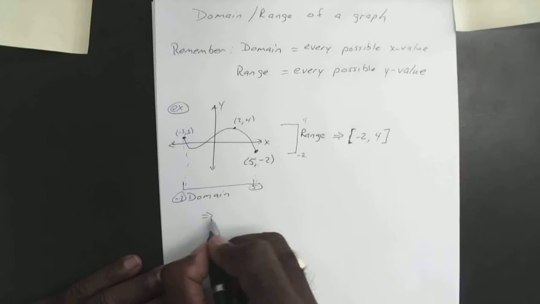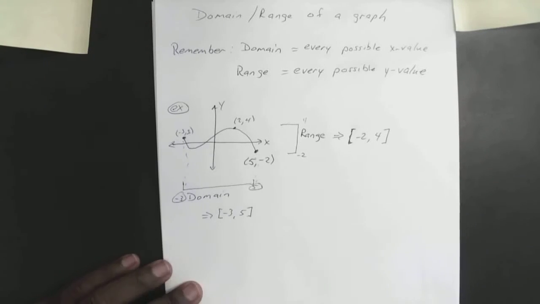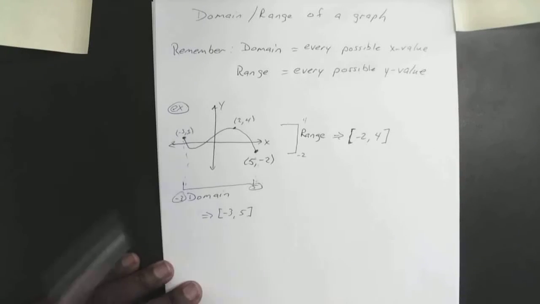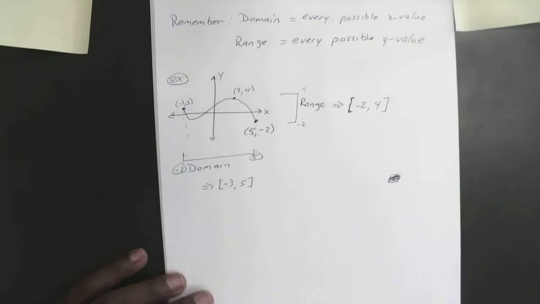So your domain is just -3 to 5. If you pick any x value, at some point either above or below the x-axis is going to be a y value. So you have your domain and range there. Any questions on that one so far?